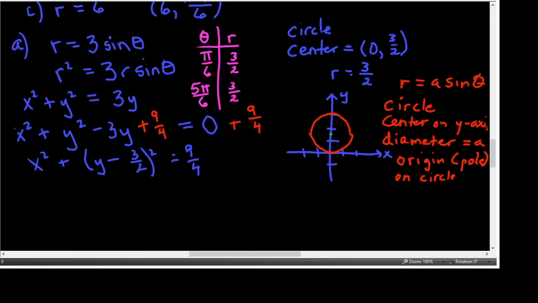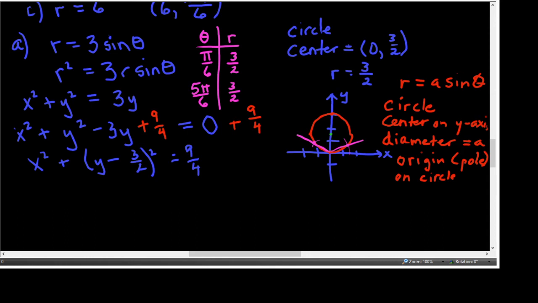So if you're graphing this in a polar world, you should be able to go to the ray that represents pi over 6 and go out exactly 3/2. That circle would pass through there. That would be an easy point to get. And at 5 pi over 6, same thing: go to the radial line that goes through 5 pi over 6, go out along it 3/2, and that would be a point on the circle, 3/2 away from the pole.